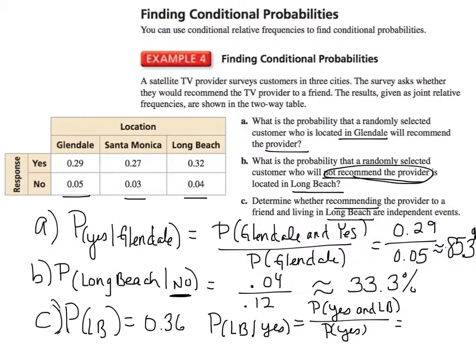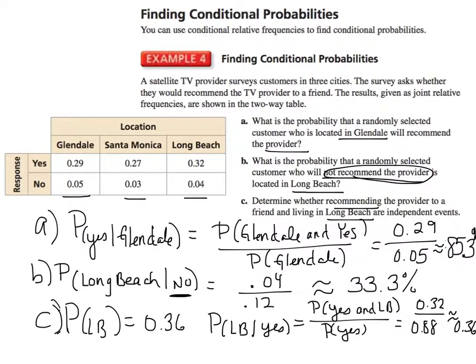So yes and Long Beach, if we look at our chart, is 0.32 divided by, well, we add up all of our yeses, 0.29 plus 0.27 plus 0.32. That gives us 0.88. If you divide that, you get approximately 0.36.